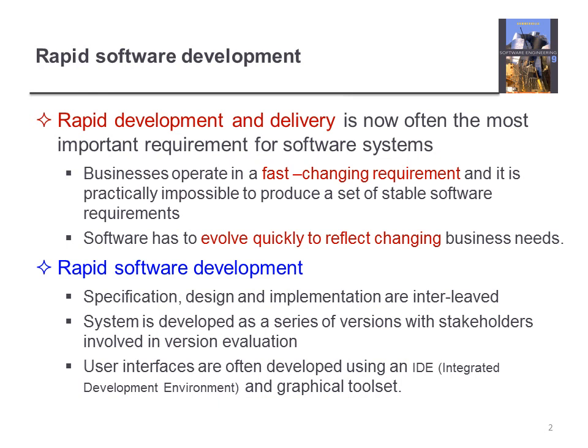That's why the requirements are going to change from day to day. That's why we need an approach to adapt to these requirements, because business operates with fast changing requirements, and it is practically impossible to produce a set of stable software requirements.